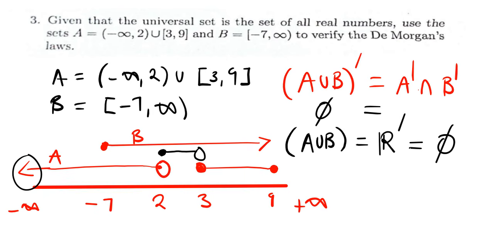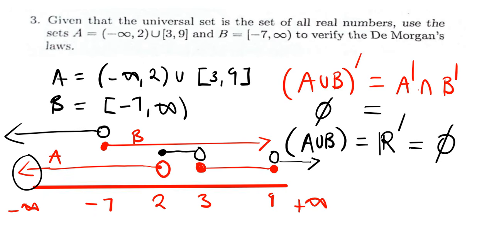So that is one area of A complement. Then another area is from 9, actually 10, going all the way like that. So that is A complement. Then what about B complement? B complement is here, going all the way in this direction.